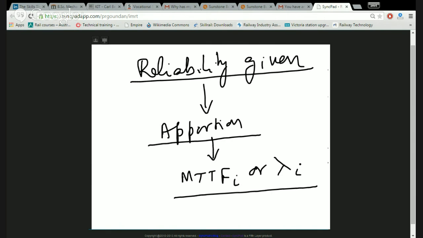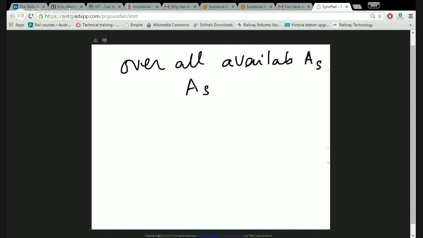So the question is, supposing I am given only the overall availability, not the reliability. The system availability, AS, is given to you. From AS, I must get A_i for the ith subsystem.